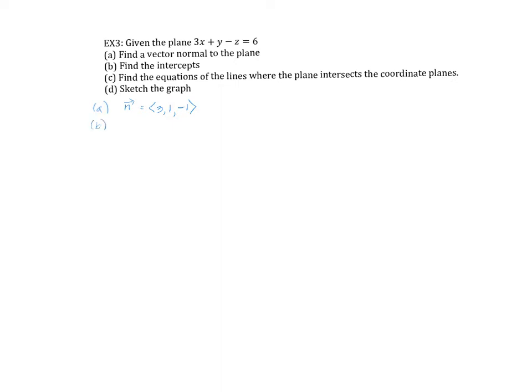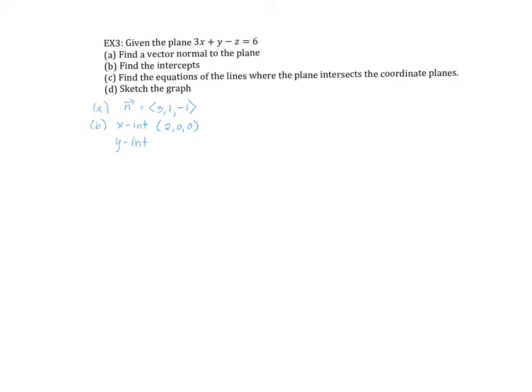In part B, we want to find our intercepts. So our x-intercept, that's a point, right? We're not using vector notation. That would be when y and z are 0, so that's 3x equal to 6, which means x is 2. So that would be the point 2, 0, 0.